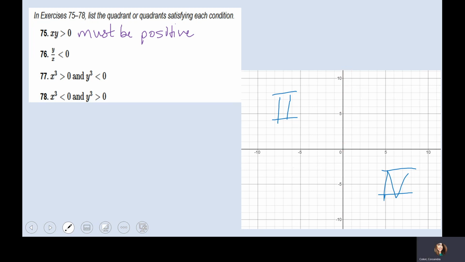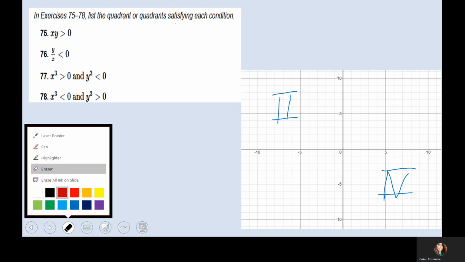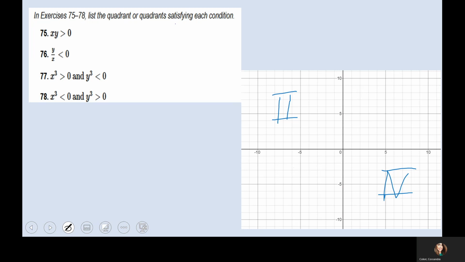And same thing with quadrant 4. So we said quadrant 1 and 3, and then in 76 we said quadrant 2 and quadrant 4. All right, let's look at number 77.